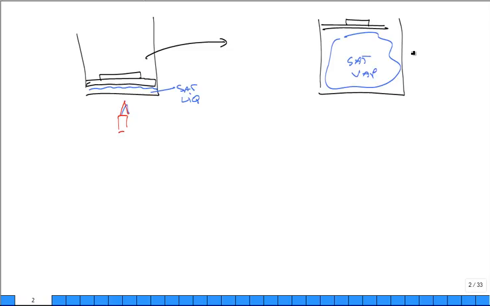Now at this point, if I continue after state, this is state 1, state 2. After state 2, if I continue to add more heat, it'll become superheated vapor, and even if the pressure stays constant, the temperature will now go up. But during this process, the temperature stayed the same. The pressure stayed the same. So now you ask yourself, how much heat did I have to pump in to go from state 1 to state 2?